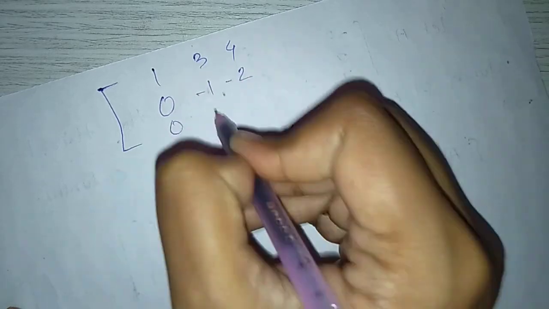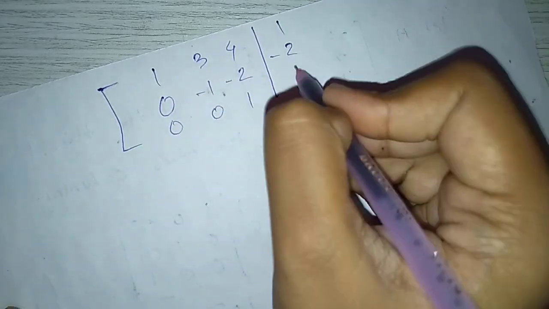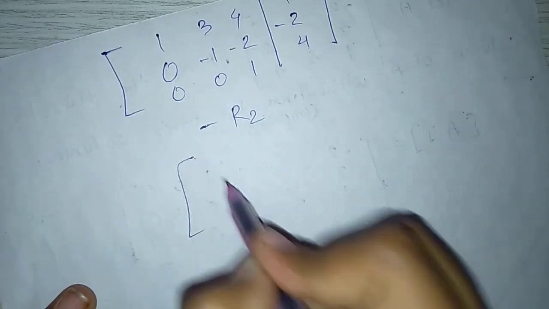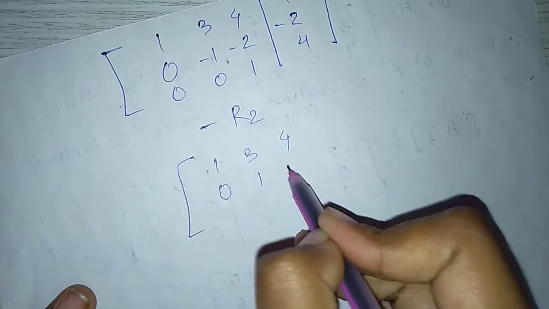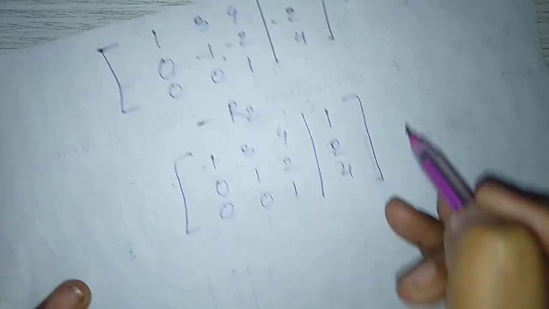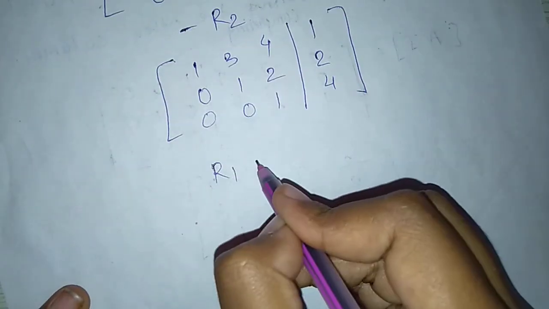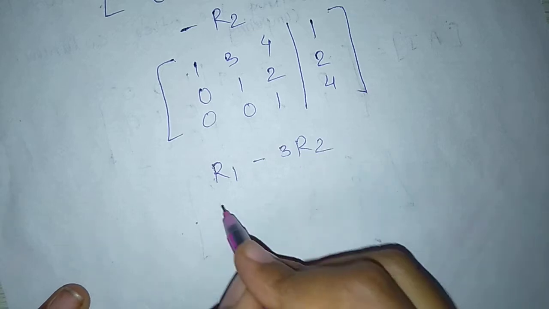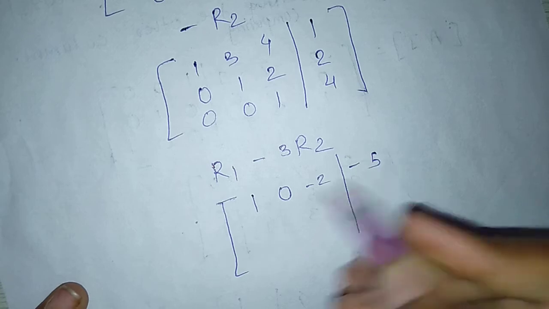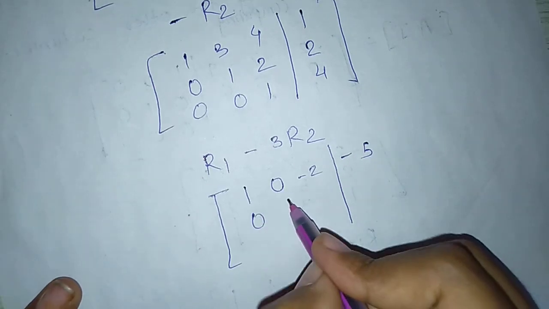Now minus R2, we get 1 3 4 0, 1 2 0, 0 1 1, 2 4. R1 minus 3R2, we get 1 0 minus 2 minus 5, with the second and third rows as they are.